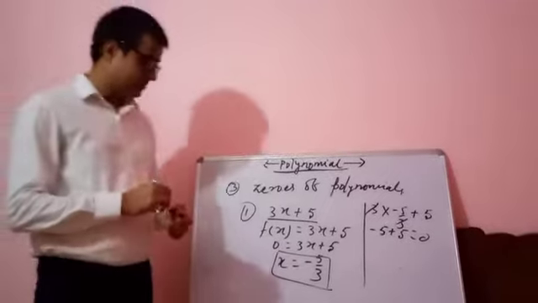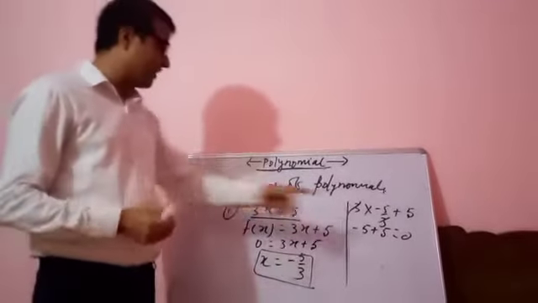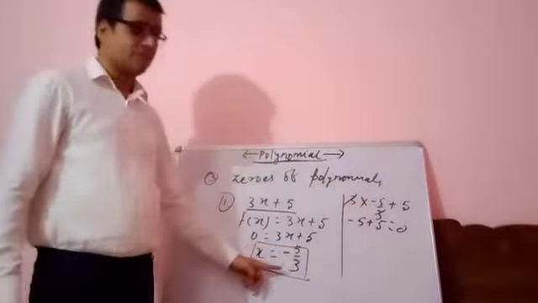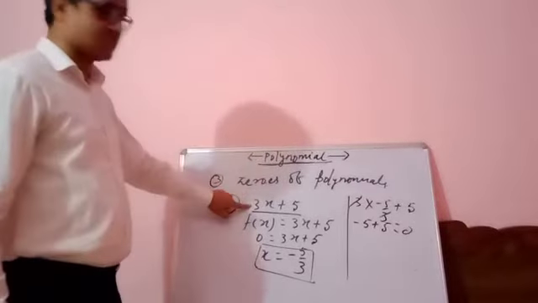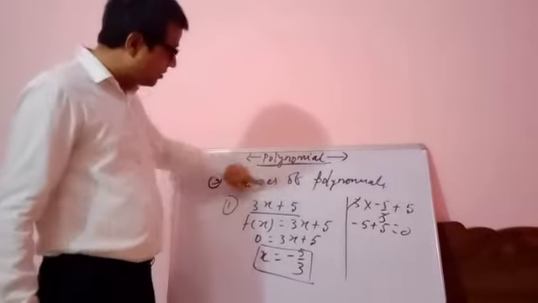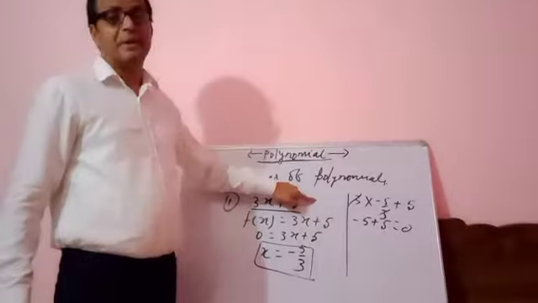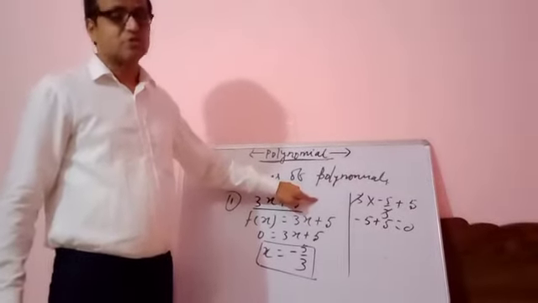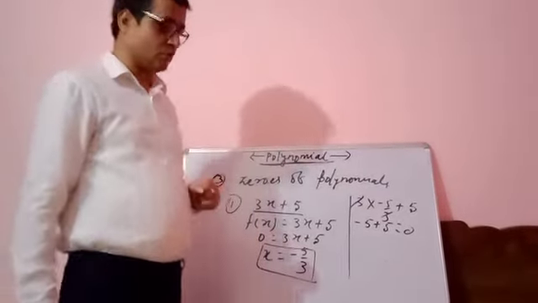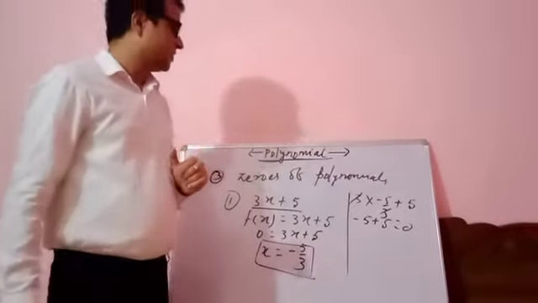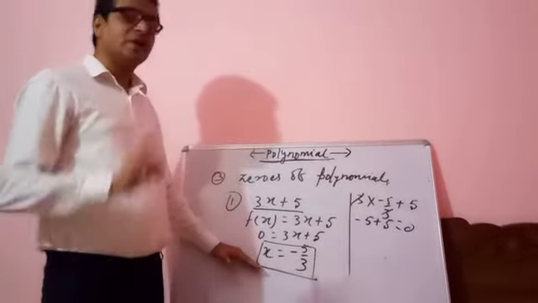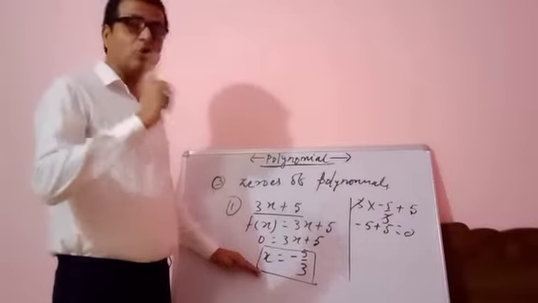So dear children, this is the only value, -5/3, which if you put in this whole expression makes it 0. So this is in fact the 0 of the polynomial. And let me tell you, it will have only one 0.